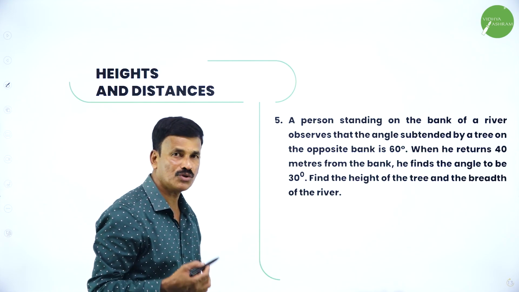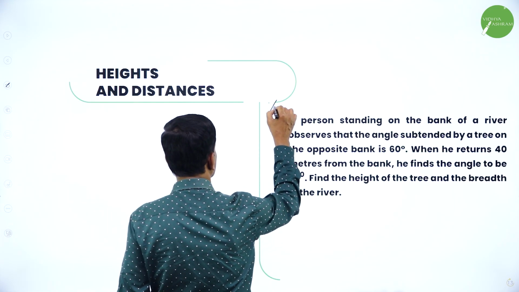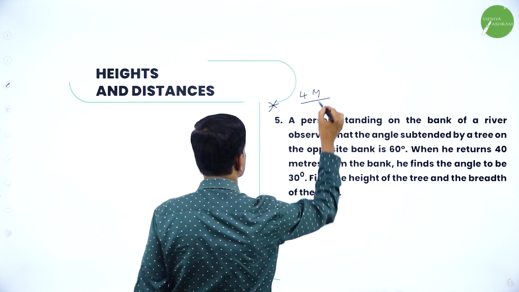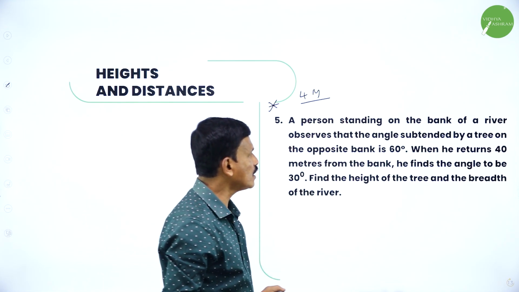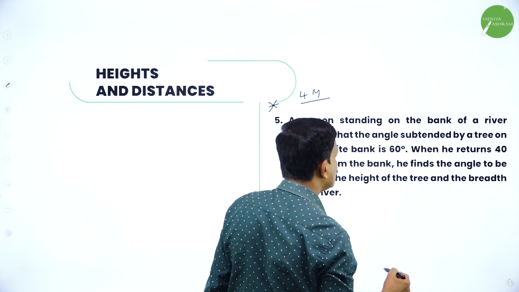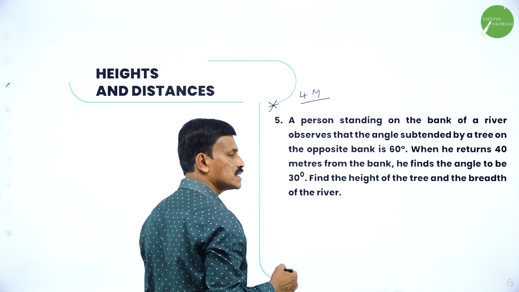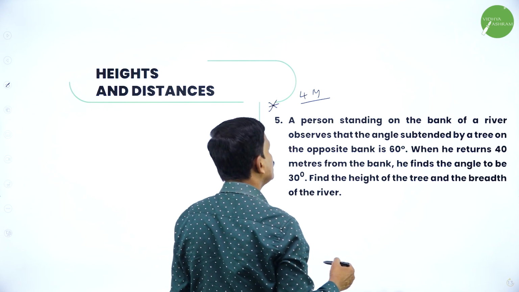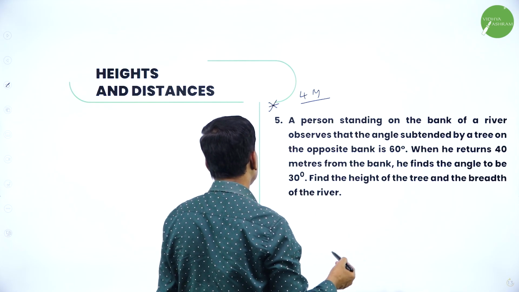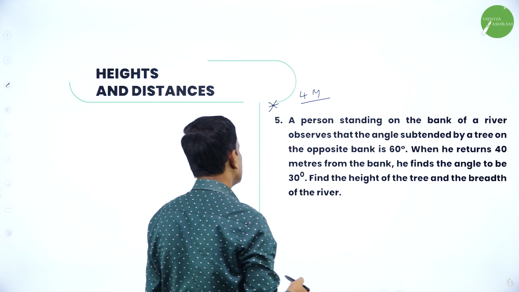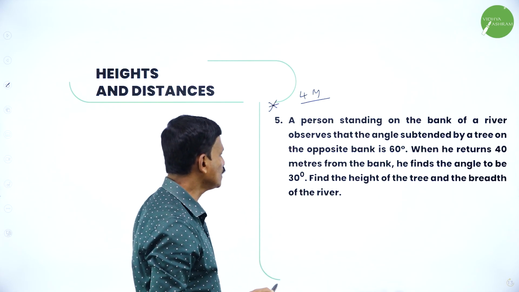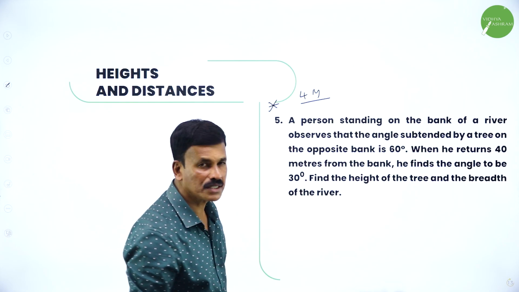Now, move on to the next problem. This is an important problem for 4 marks. A person standing on the bank of a river observes that the angle subtended by a tree on the opposite bank is 60 degrees. When he returns 40 meters from the bank, he finds the angle to be 30 degrees. Find the height of the tree and the breadth of the river.